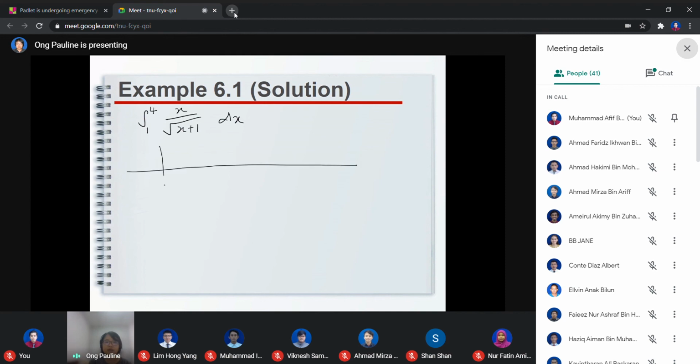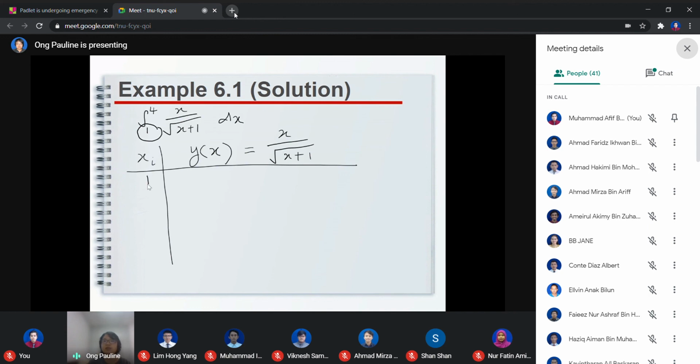We will have the same table, the x_i, and here will be the function that we want to integrate, x over square root of x plus 1. I put it as the header of the table, and we start from the lower bound here, which is 1.